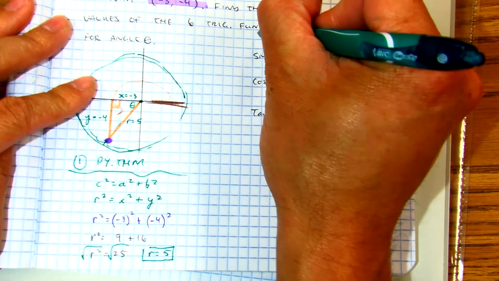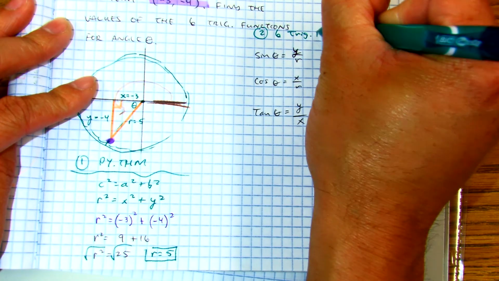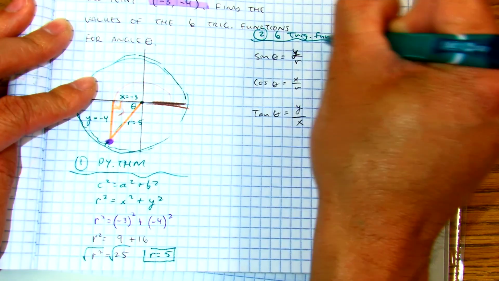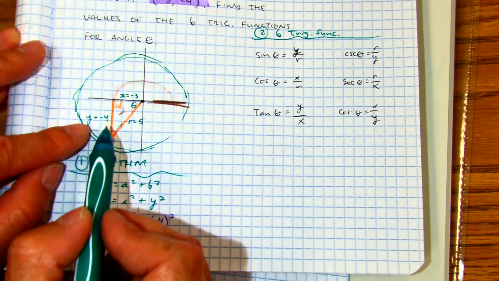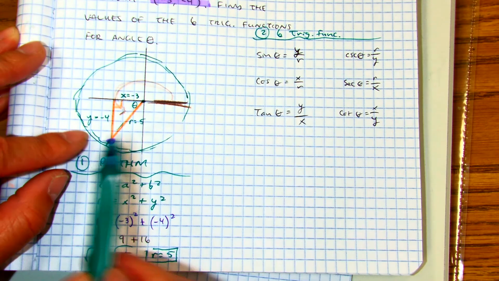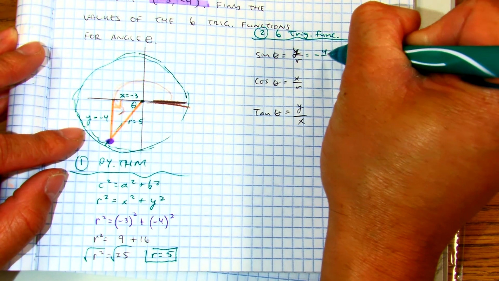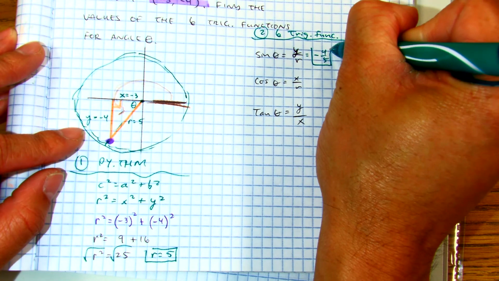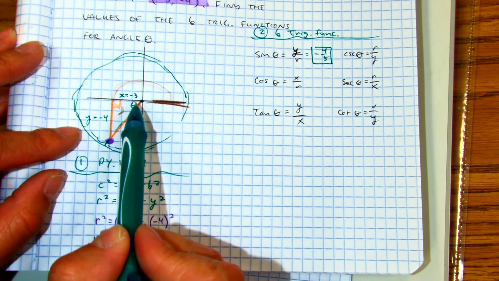Second thing I'm going to do now is find my 6 trig functions, because trig is fun. And I can just use what we have over here, right? Sine, y over r, negative 4 over negative 5, negative 4/5. Cosine, x over r, negative 3 over 5.